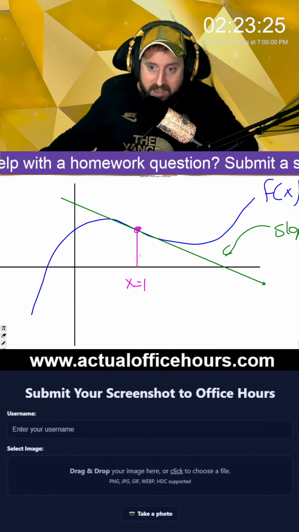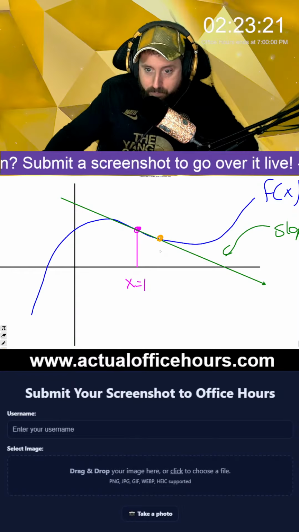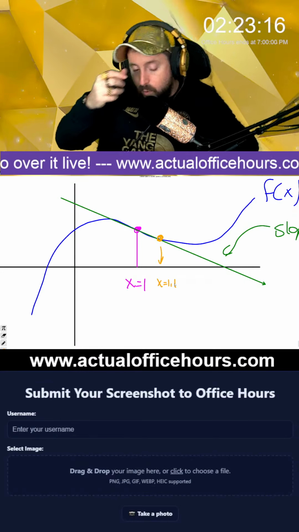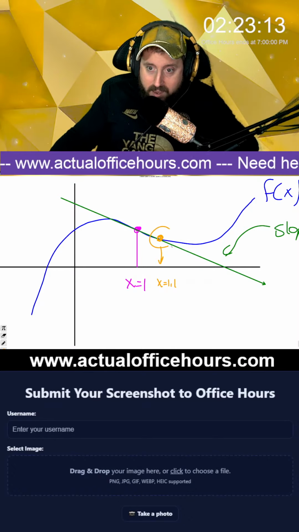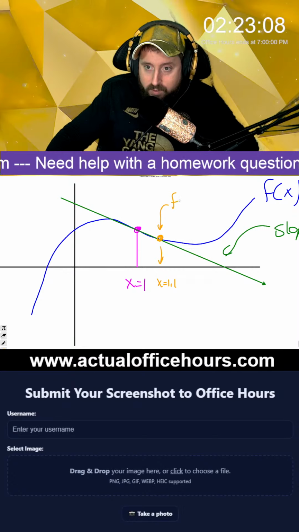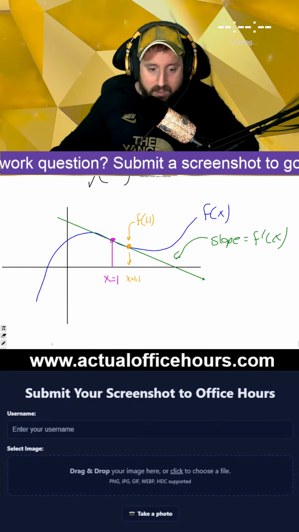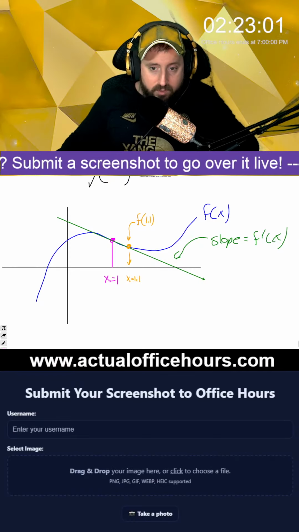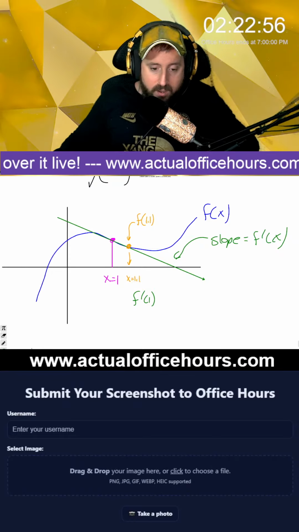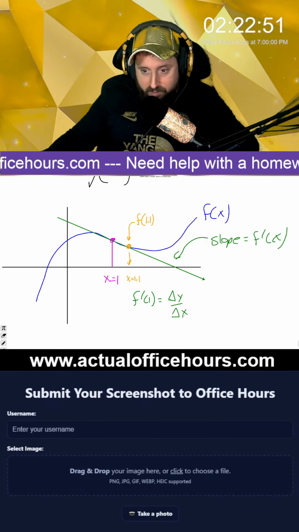So for instance, if I'm trying to guess what the value of f of x is, let's say right here, at x equal to 1.1, we can say that f of 1.1 is going to be the same thing as taking the slope, so f prime of 1, and then remember that this is rise over run, delta y over delta x.